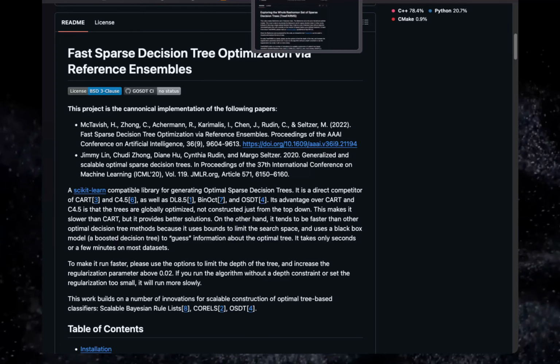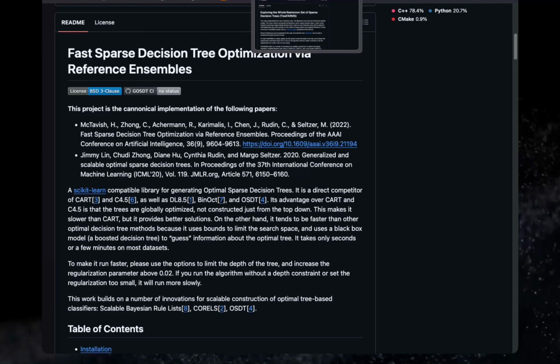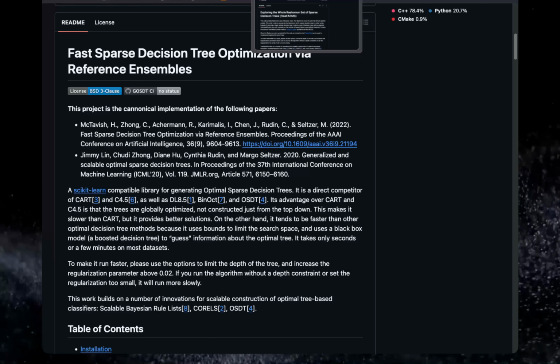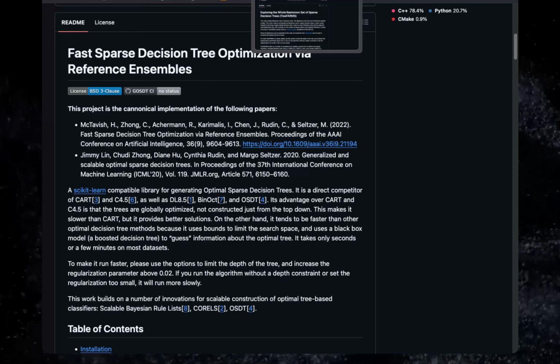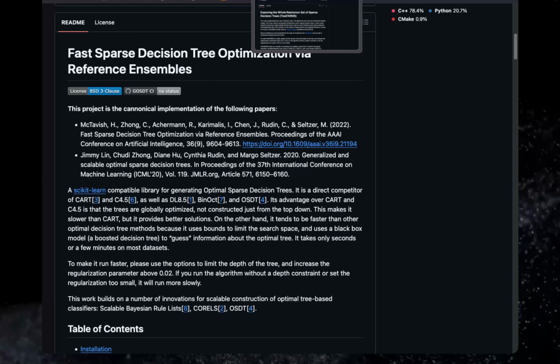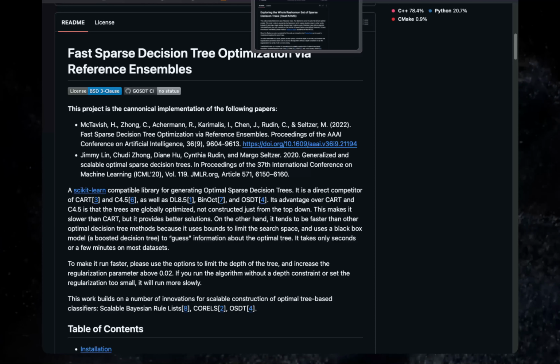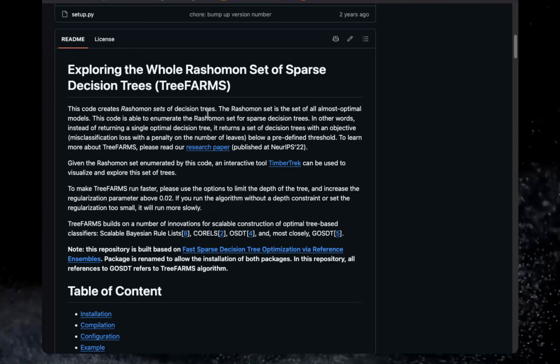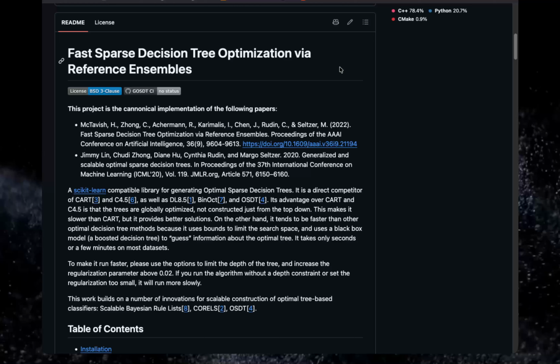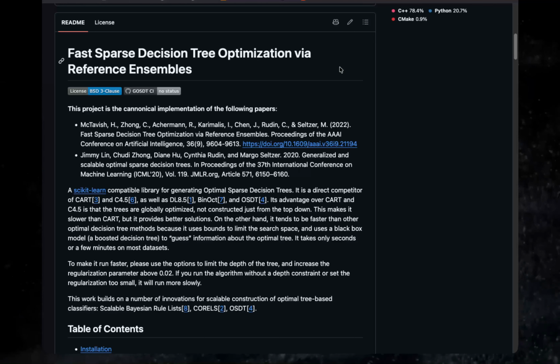So if you want to compare both of these algorithms, you can't import both of them, or in fact, it's difficult to import both because they share the same name and they're built on top of the same repository. This one is literally a fork of this paper, and this is the craziness with reproducibility.